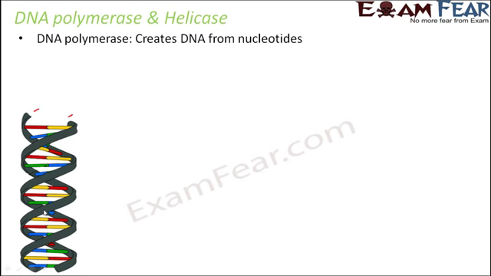So this entire creation of the new DNA is done by DNA polymerase. The main role is performed by DNA polymerase. It will read the strand which is acting as a template to create the new strands, and the new strand will be complementary to the existing strand.